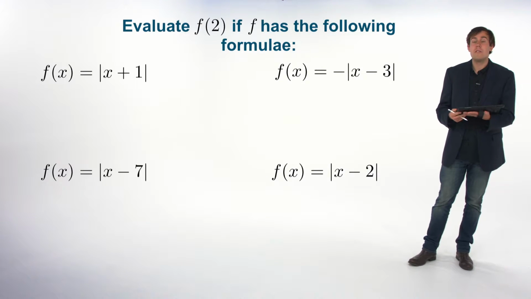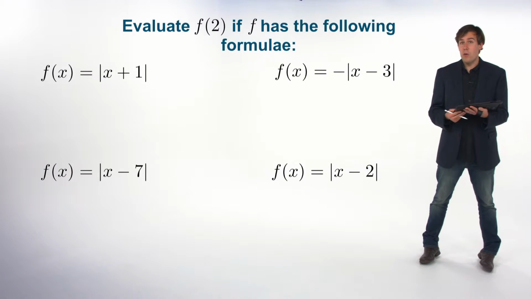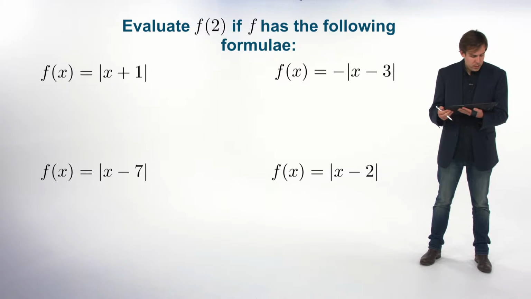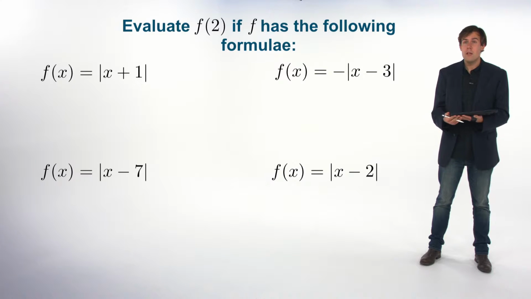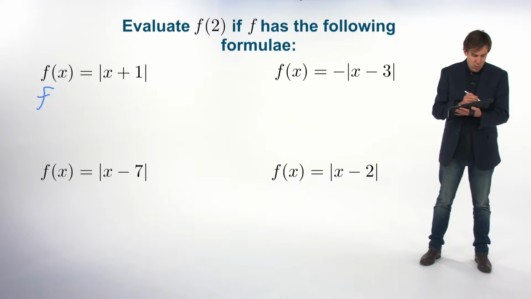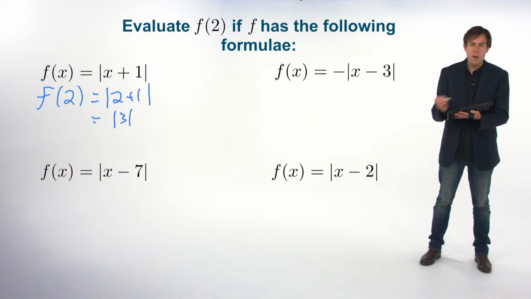So let's check our understanding of the definition of absolute value in the following exercises. So I'd like to evaluate all of these functions at the same point, the point x equals 2. So here we say f of x is the absolute value of x plus 1. So f of 2 is the absolute value of 2 plus 1, which is the absolute value of 3.